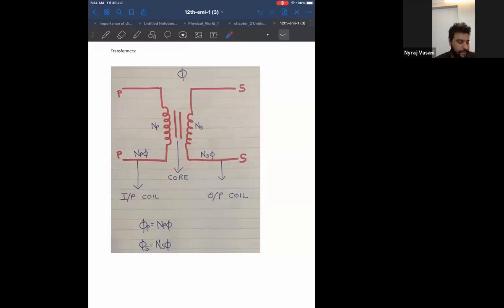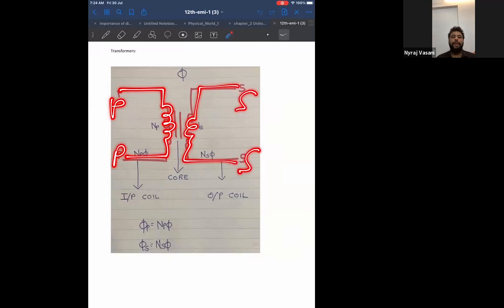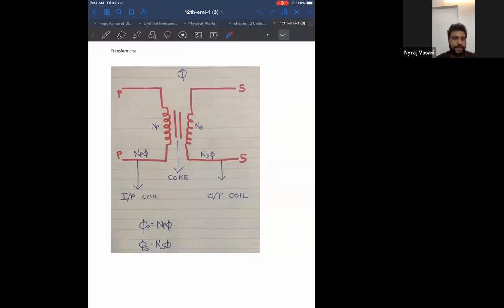So look at this. This is my primary coil. This is my secondary coil. How do I differentiate between primary coil and secondary coil? The coil that is connected to power supply is called primary coil. And the coil which is not connected to a power supply is called as secondary coil.